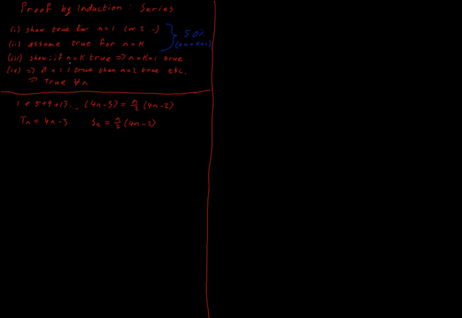This will make more sense when we've gone through a question, but the basic idea of it in English is, can we show that if our relationship is true for a particular value of n, can we show that it is automatically true for the next value of n? So if it was true for n is equal to 1, would it also automatically be true for n is equal to 2? That's what we're trying to demonstrate.